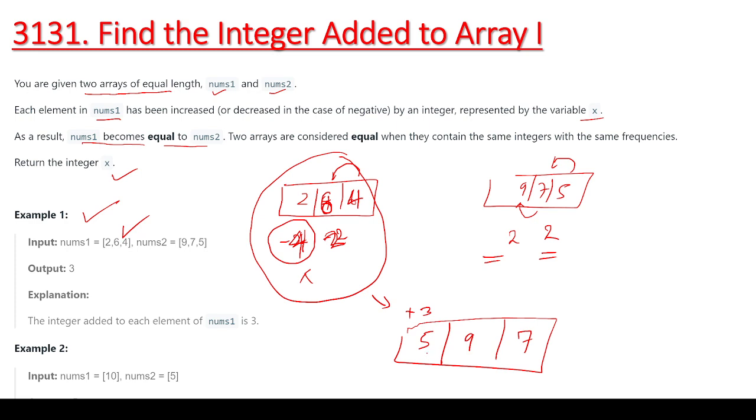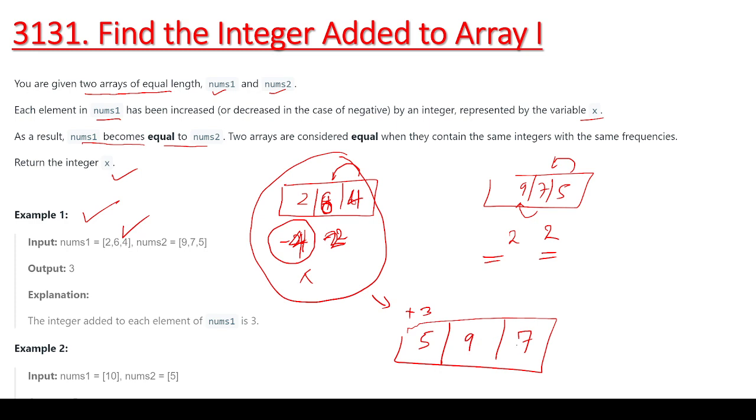Plus or minus doesn't matter, but you have to find the absolute value. So we have to take the consecutive values, and if you see the difference of the elements, the frequency is now coming equal.